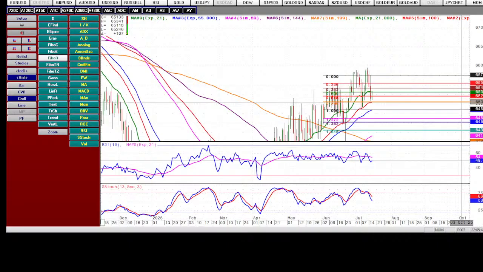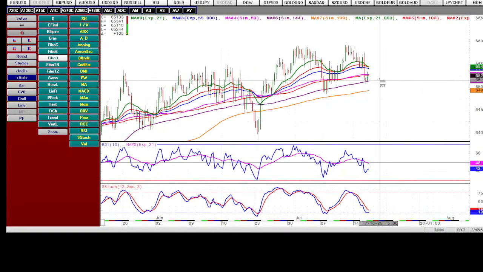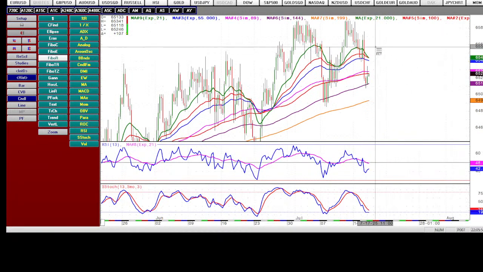Okay, so what we will do is we will try to go for a sell. Right now I think this is taking some support, so we need to see that 65.80 is our stop loss, 80 or 85.